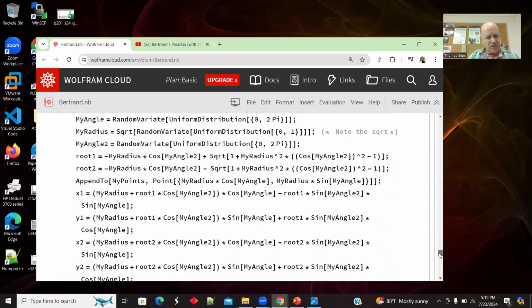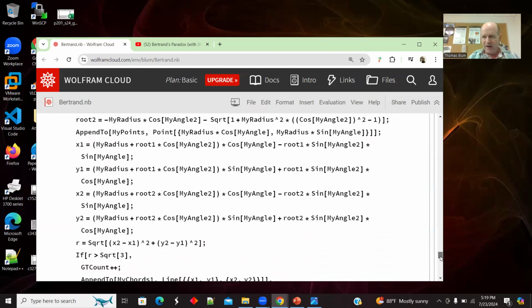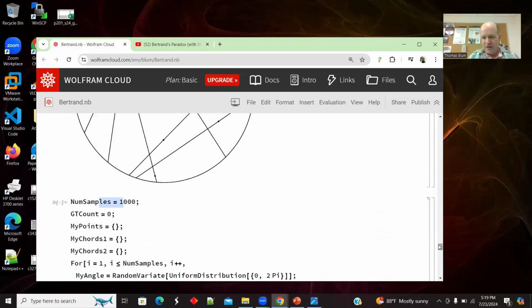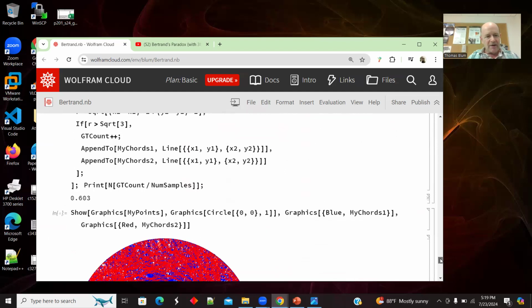Down here somewhere, I have all this math of finding the x1 and the y1, the endpoints of the chord, finding the distance between the x and the y squared, and taking the square root, and finding out if it's bigger than the square root of 3, to make these different size chords. Okay, so run all this.